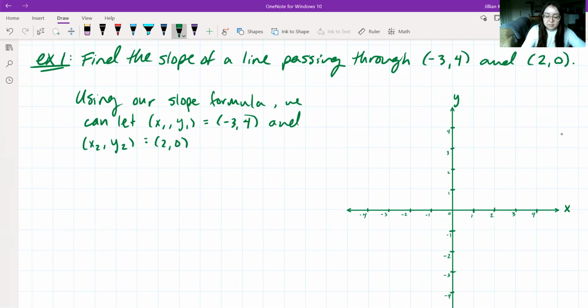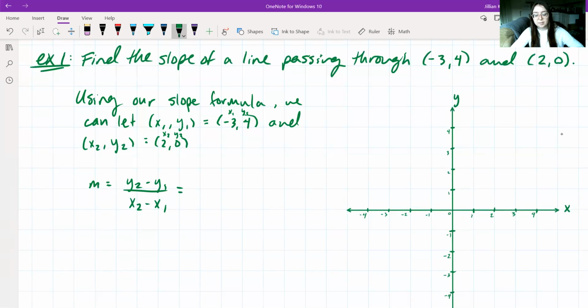So this means that -3 is x sub 1, 4 is y sub 1, 2 is x sub 2, and 0 is y sub 2. Now we can use our equation, m equals y sub 2 minus y sub 1 divided by x sub 2 minus x sub 1.